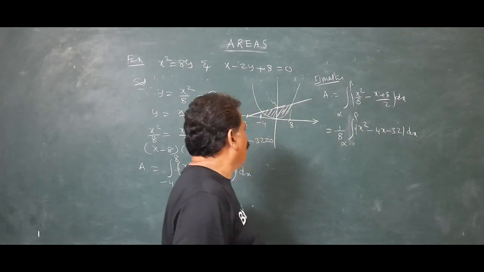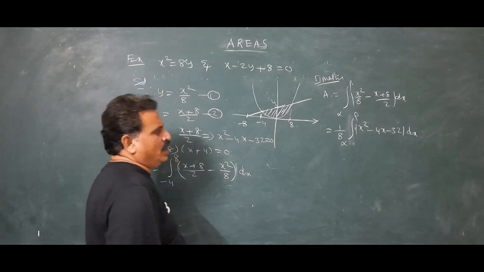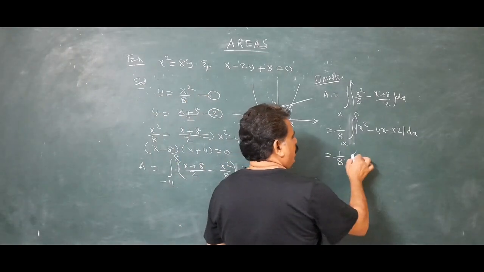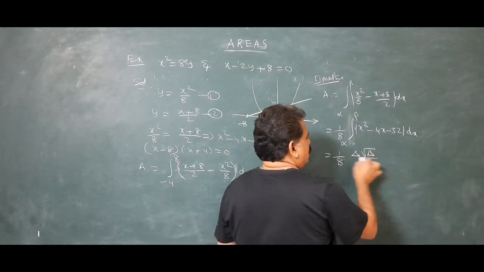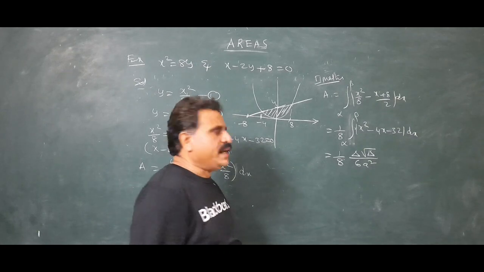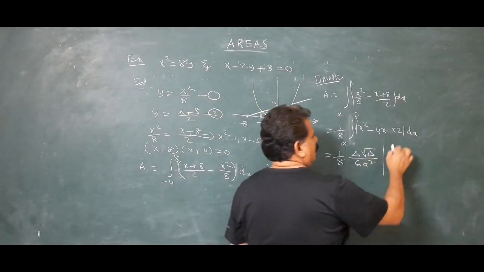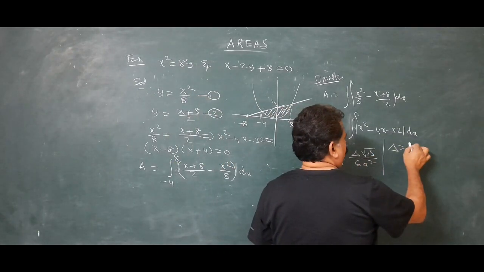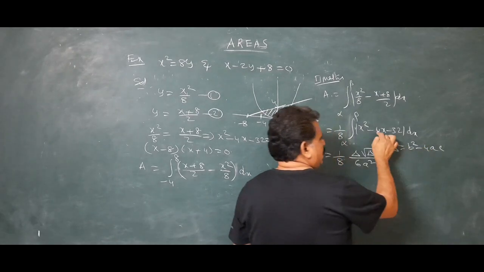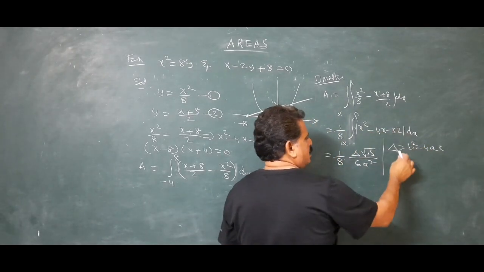Alpha and beta are the roots of the equation. That is 1 by 8 into delta root delta by 6a square. Delta is b square minus 4ac, where b is minus 4, a is 1, c is minus 32.